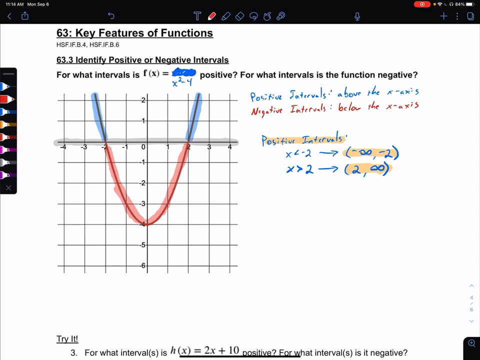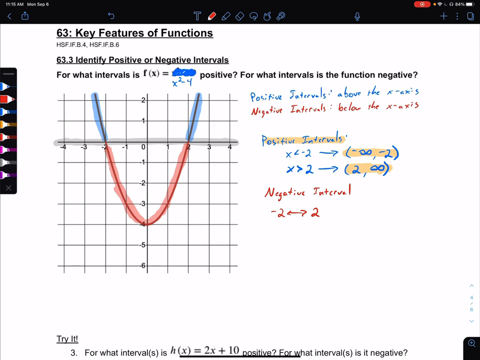Now the negative interval: we only have one of them here, and it goes from negative 2 to positive 2. It's between those two numbers.